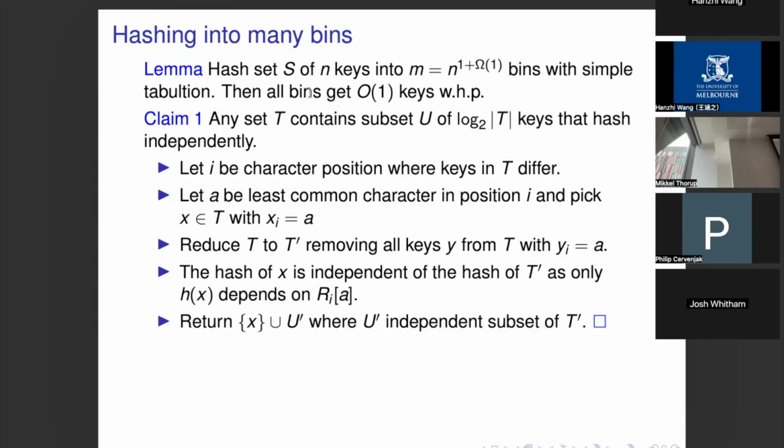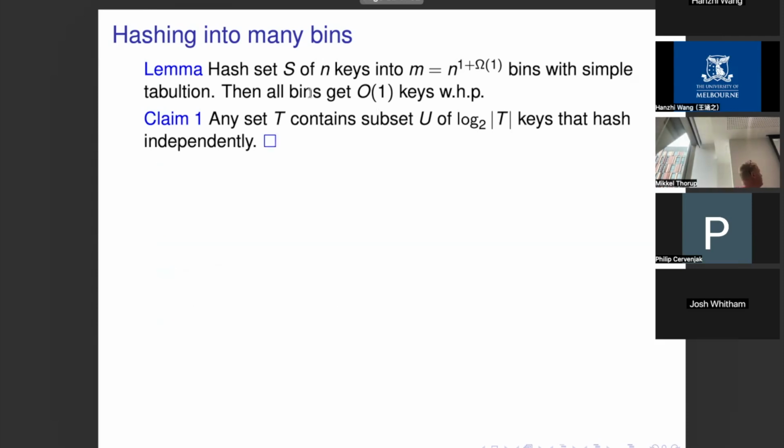So I pulled out a key, reducing the set by at most a factor 2, and I keep going as long as there's something left. So in that way, I identify a subset U, which has a logarithmic number of keys that are guaranteed to hash independently with any simple tabulation hash function. So that was claim 1.